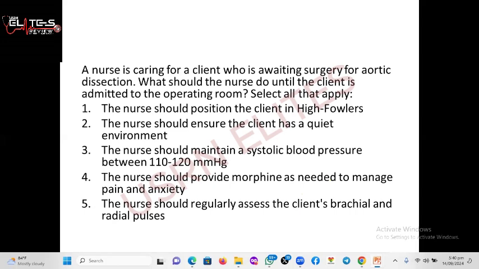You could also have the radial pulse. You could also have the brachial artery there. So brachial pulses are also going to be affected. I think that is what I stressed. But if it is generally on aneurysm, if a question is asked on aneurysm without them being specific, and they are asking you which pulses you are going to assess, go for all pulses. That is what I want to say.